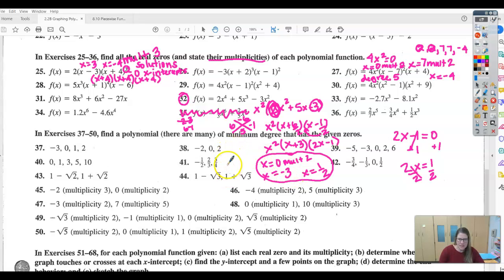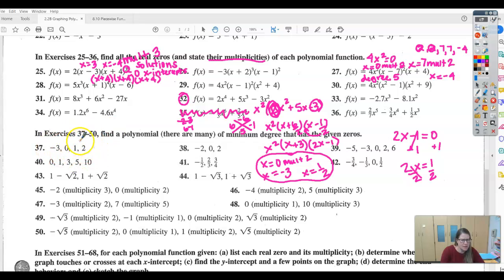The last thing that we did on, I can't remember if it was Wednesday or Thursday, is that we talked about if I'm given the zeros, how do I then find the polynomial that goes along with it? So basically, it's going backwards from what we did from 25 to 36, in these ones we're given the polynomial and we're asked to find the zeros.